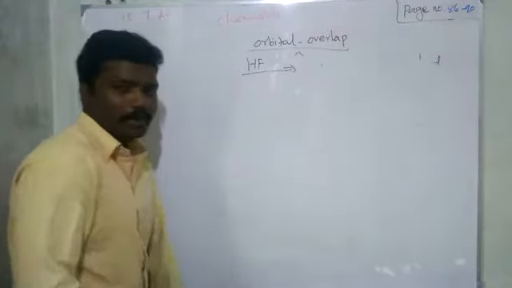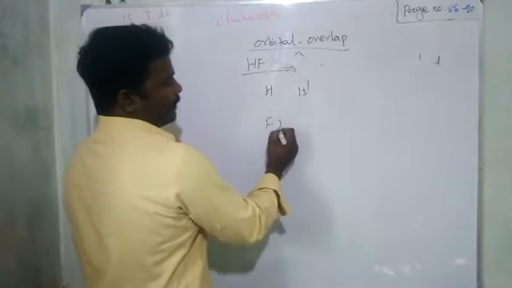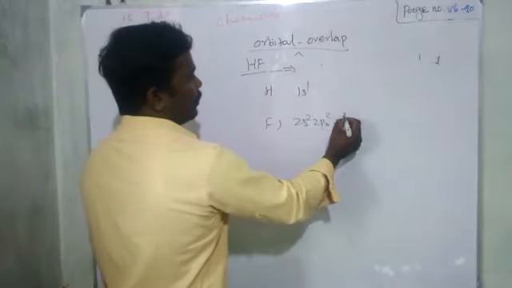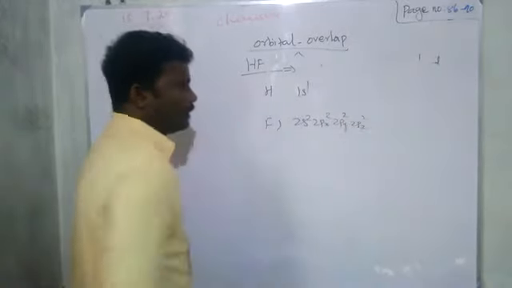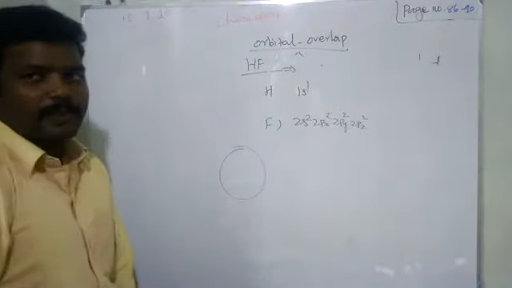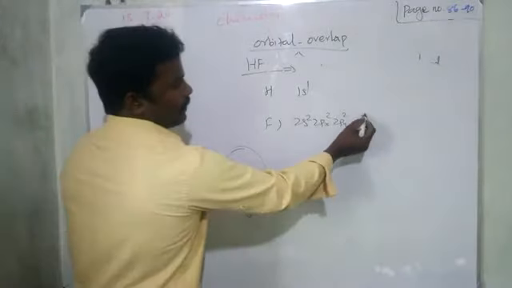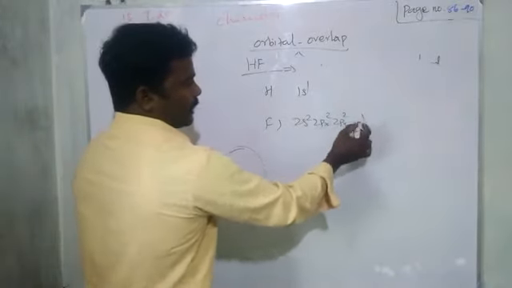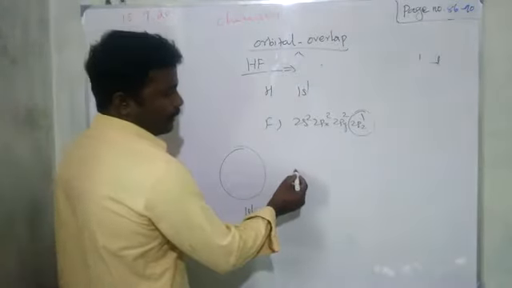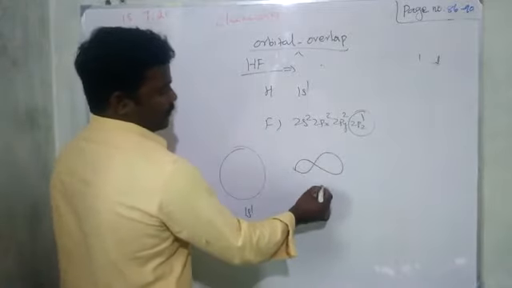So for the HF molecule, hydrogen is 1s1, and fluorine is the same, 2s2, 2px2, 2py2, 2pz1. Now what will happen for hydrogen? S means a spherical shape. S orbital is always spherical. Then we have 2pz, only one electron. This orbital only undergoes the overlap. So one p orbital, that is 2pz1.